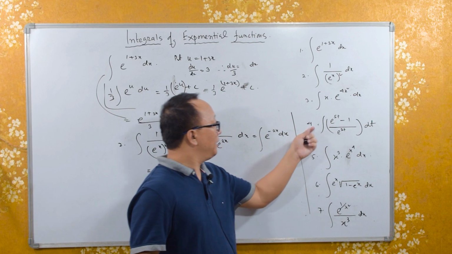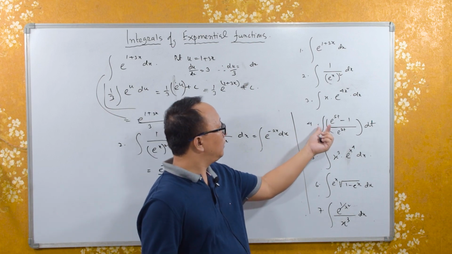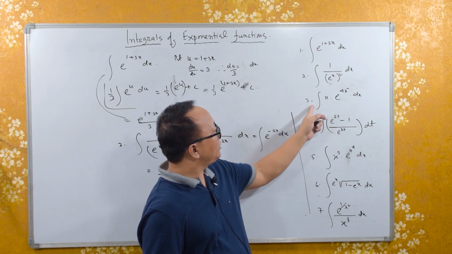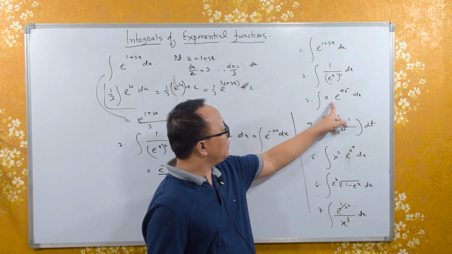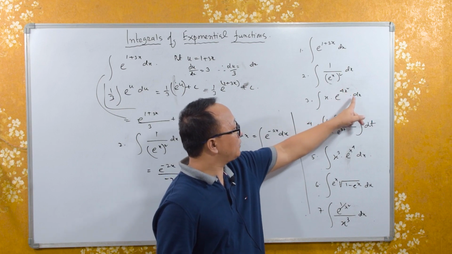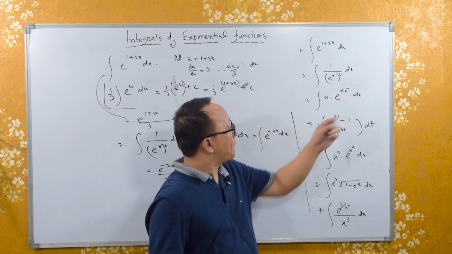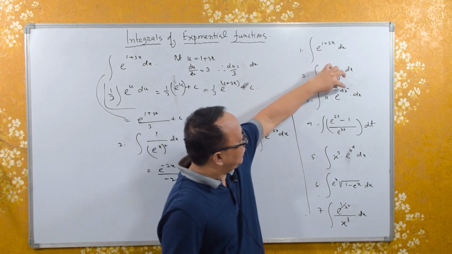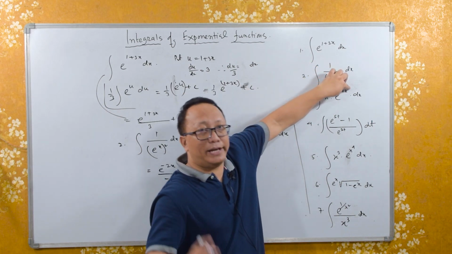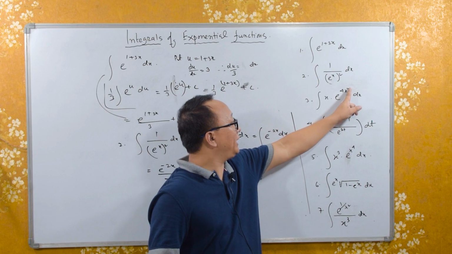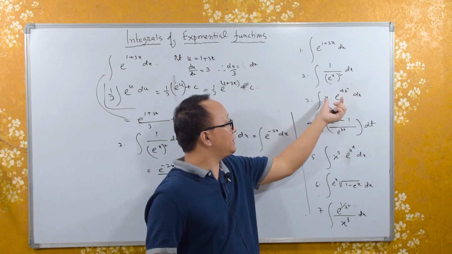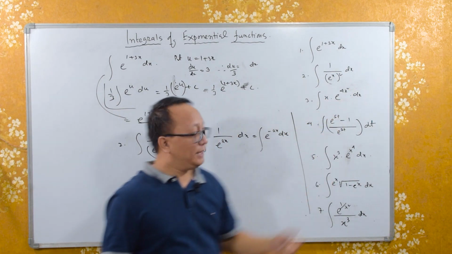In question number 3, x into e raised to 4x square into dx. Now if I substitute 4x square as u, I can get the differentiation x into dx. Okay, let's try this.